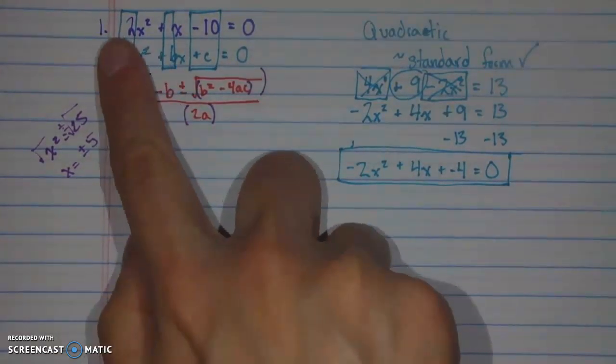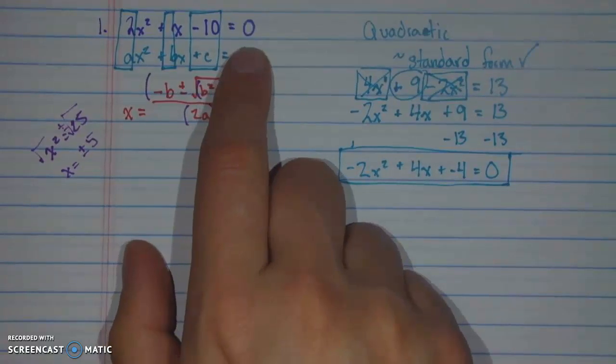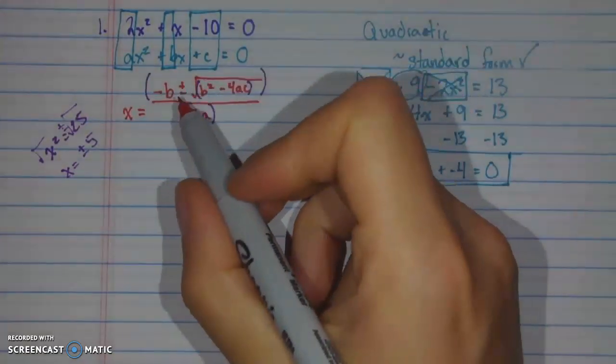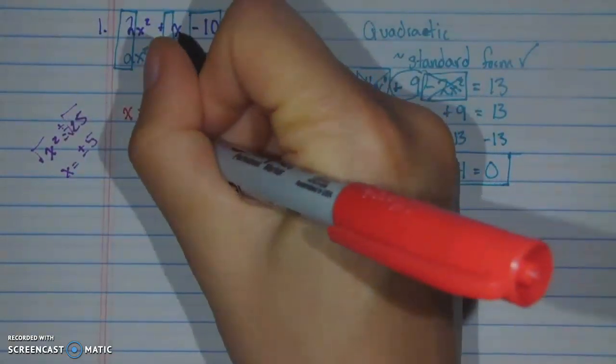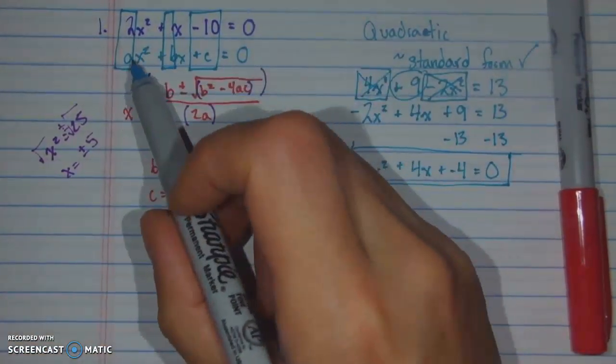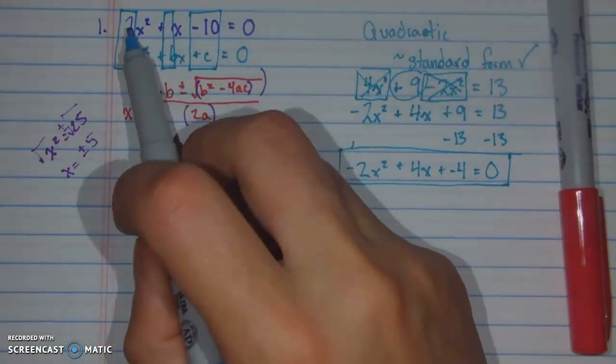Now, this one just comes down to taking extreme care when solving your problem. So once you have your equation in standard form, and I'm going to start by giving you ones that are in standard form, what I want you to do is label the necessary variables. And the variables that you need are an a, b, and a c. So here, my a, I know is whatever is in front of x squared.